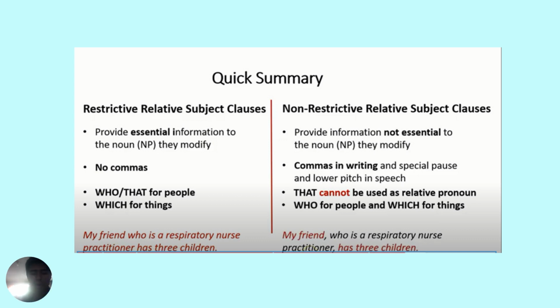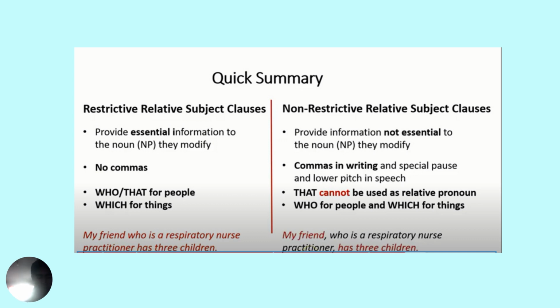I can also write it as a non-restrictive relative subject clause, saying the same thing: my friend, who is a respiratory nurse practitioner, has three children. As you notice, I make a slight pause and introduce a comma, and then I introduce who, so that I'm going to talk about a non-restrictive relative subject clause.